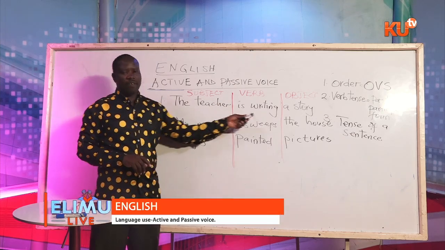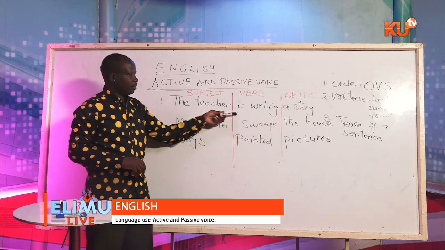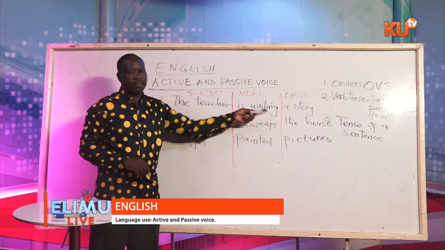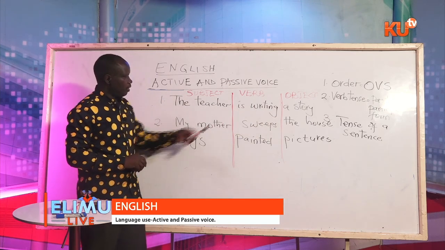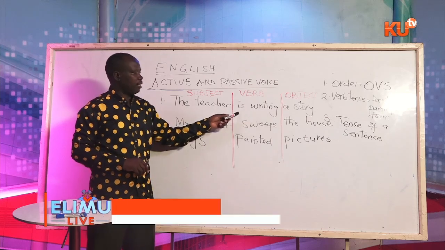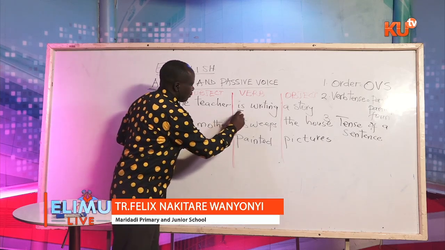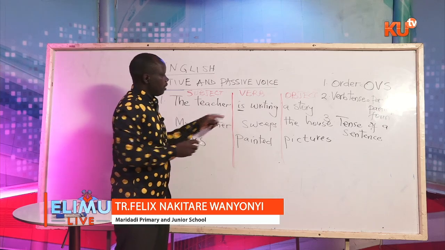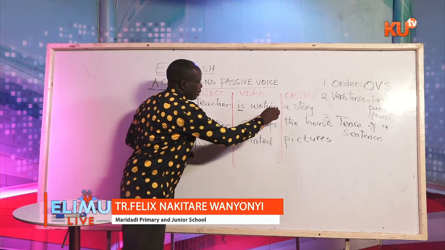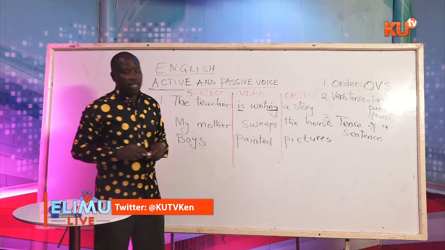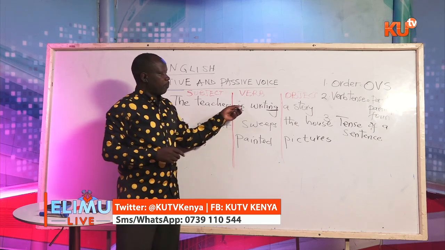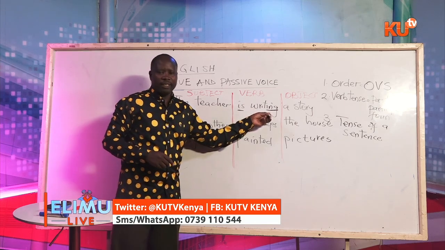When we look at the verb here, we can detect which tense has been used. Is writing. It means this is present because of is, and continuous because of ing. So our first sentence is in present continuous tense.